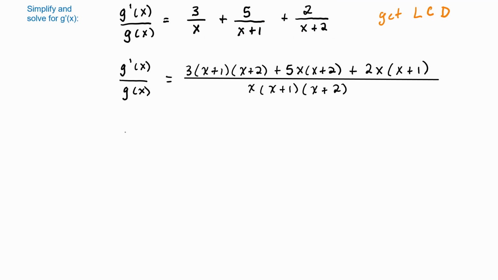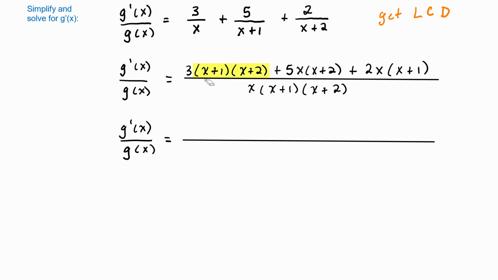Continuing to simplify, our left-hand side is g prime of x over g of x, and that's going to equal, in this numerator here, we can FOIL this out. Let's just do it right here.